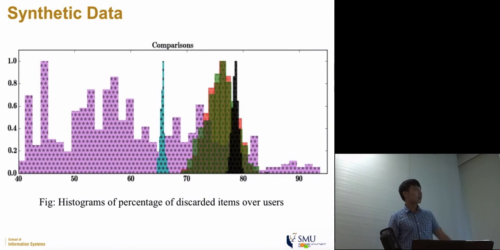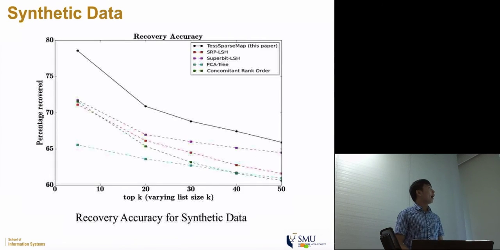So as you can see that the black histogram here is of this model, and it is better than other methods. In terms of recovery accuracy, it is also shown that the proposed model is better than all other methods.